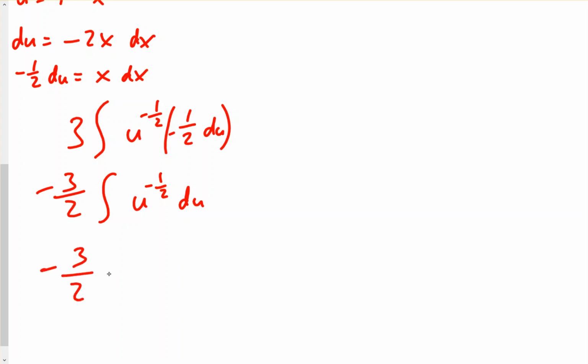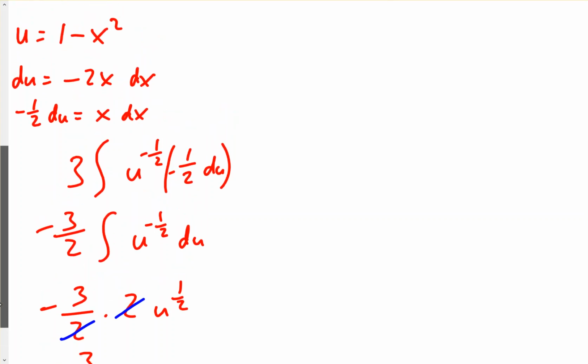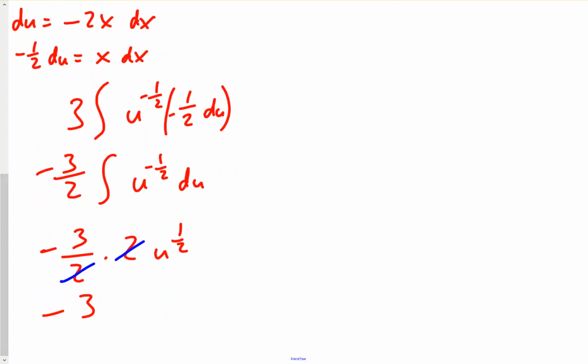So I have -3/2 multiplied by 2, u to the 1/2. And the 2's here would cancel. So I have -3, and I can substitute back in for my u, which is 1 minus x squared. So it would be -3 times the square root of 1 minus x squared.